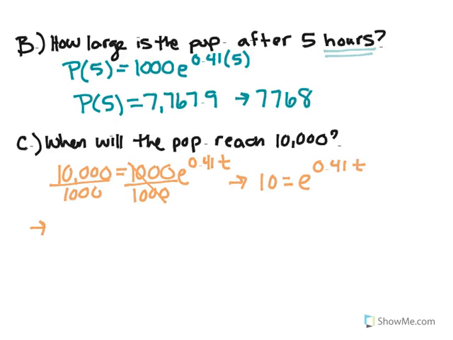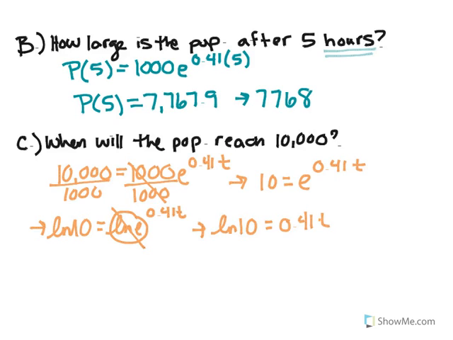So we're going to take the ln of both sides. So we're going to do ln of 10 equals ln of e to the 0.41t. And recall that an ln and an e will cancel each other out. So I'm just left with ln of 10 equals 0.41t. And then to solve for t, we're just going to simply divide both sides by 0.41.